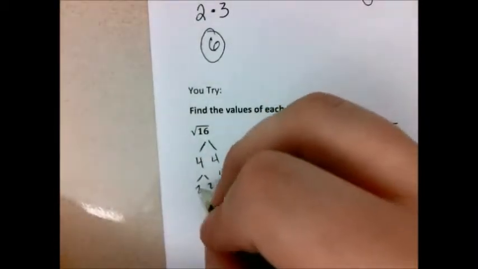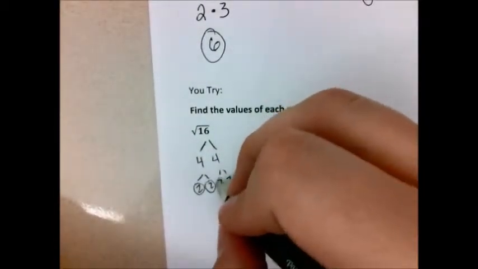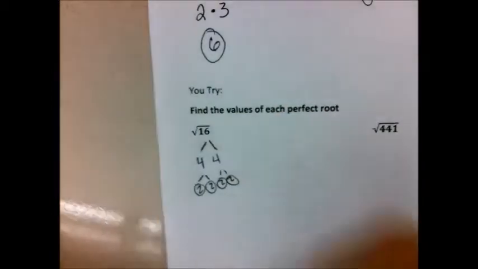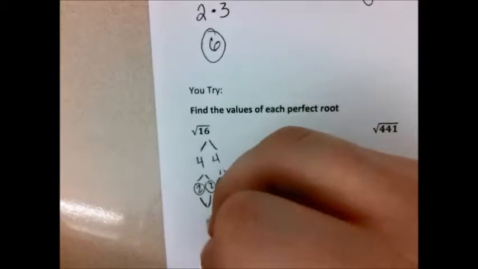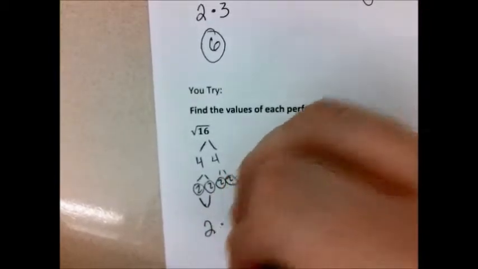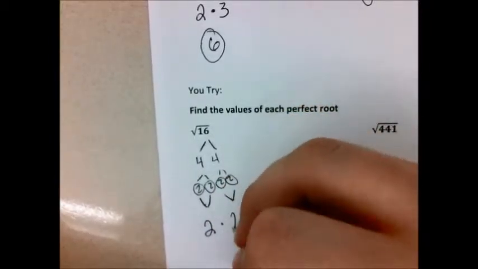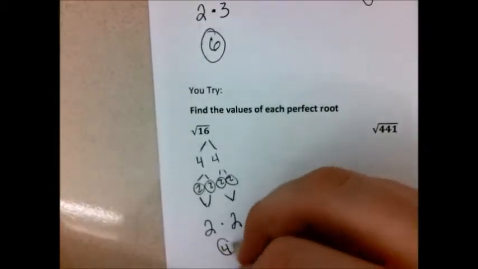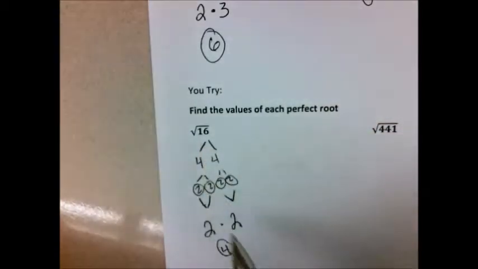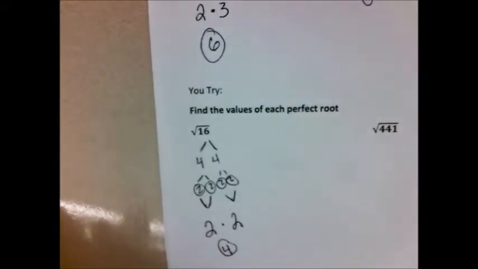So we have a count of 1, 2, 3, 4 2s. When we bring these out, they come in pairs, so 2 and 2 makes 2 times another pair. So that means 2 times 2 is 4. So the square root of 16 should be 4. Let's write that down for a sec.